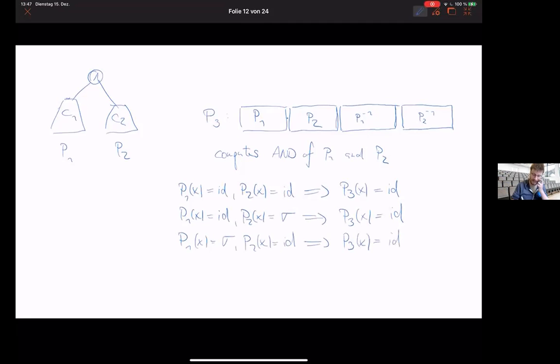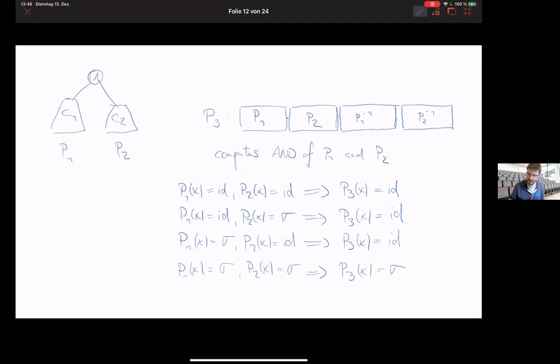And finally, if P1 of x equals sigma and P2 of x equals sigma, then P3 of x should also be sigma. Okay, that's what I have to look into.